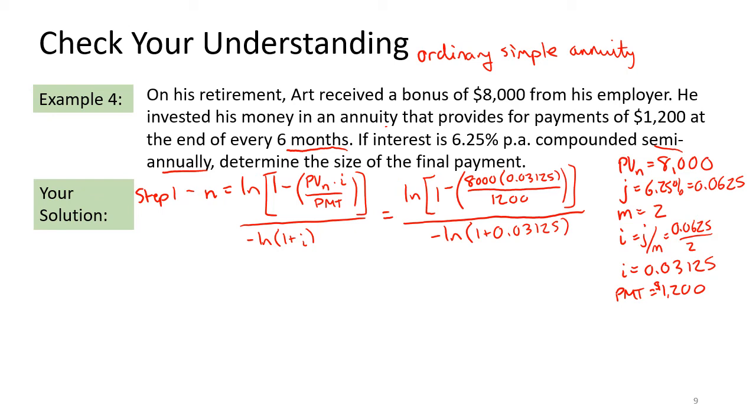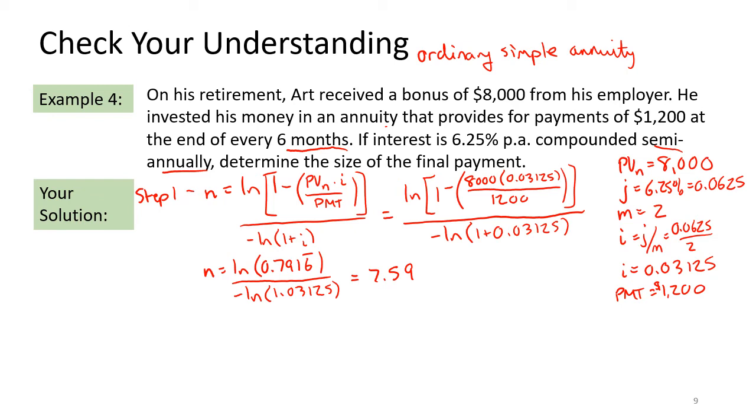Okay? If we calculate those out, we get n is equal to the ln of 0.7916. It's actually a repeating decimal, so let's put a bar. Divided by the negative ln of 1.03125. And if we calculate that out, we get 7.59 payments.